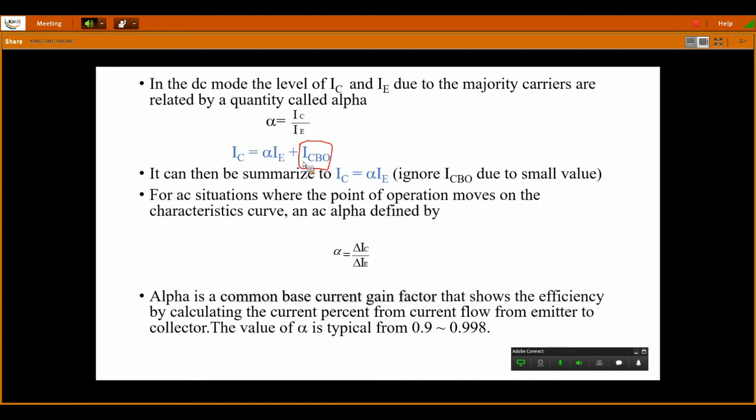Whenever the emitter terminal is left open, the emitter being the input terminal in your configuration, a small amount of current flows due to the reverse bias applied on your output junction.